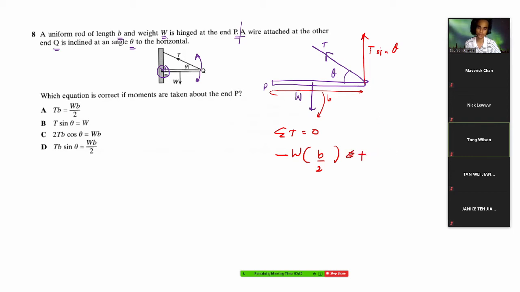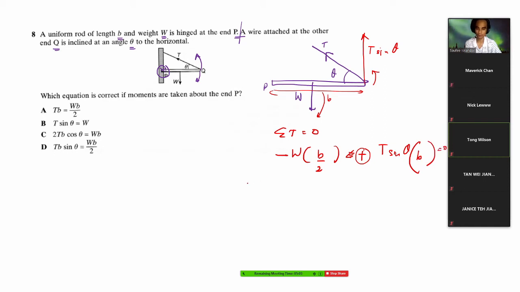T is pointing up in this way. Anti-clockwise direction is positive, that's why we use a positive here. The force is T sin theta times the whole length of the rod, that is B, and the sum equals 0.